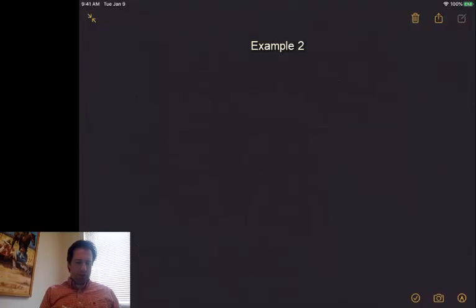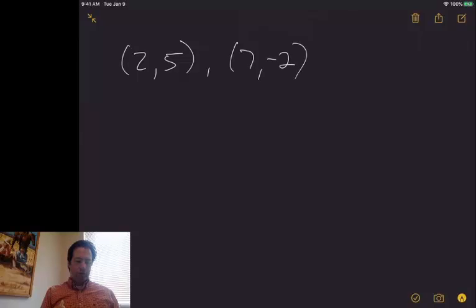All right, so I'm going to pick 2 points: the point 2, 5, and the point 7, negative 2. Now, if you want, you can draw this out. Once again, draw in your triangle, get the lengths of the legs, and find the hypotenuse.